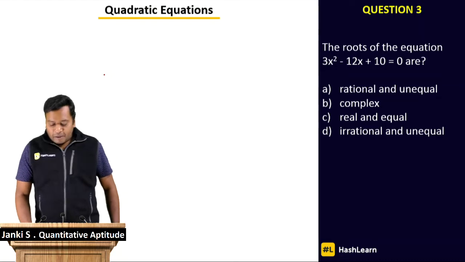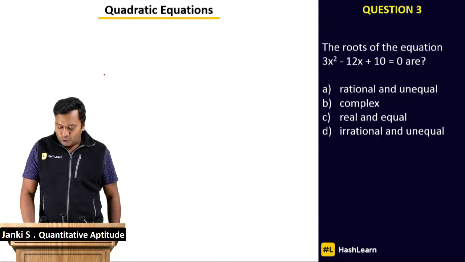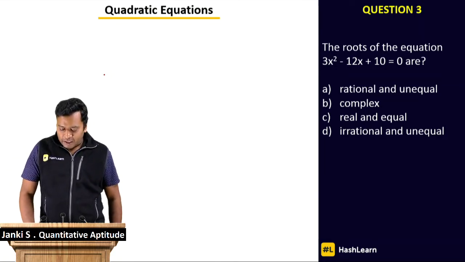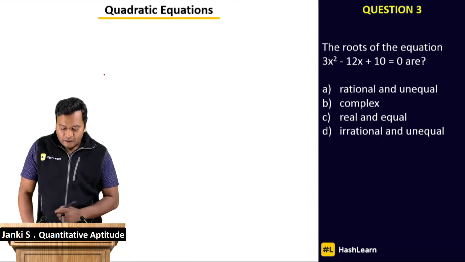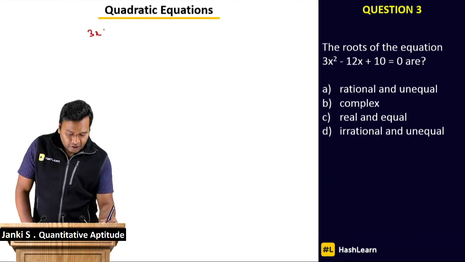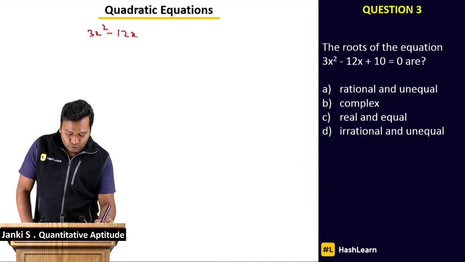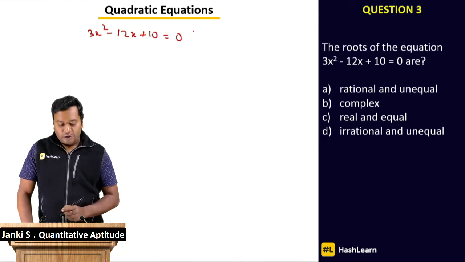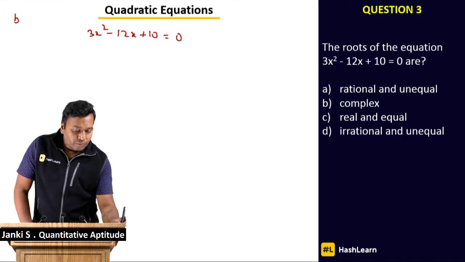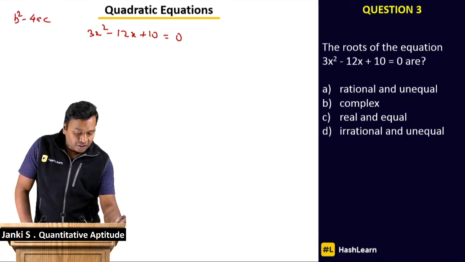Right? Let's talk about the property. The roots of the equation 3x square minus 12x plus 10 is equal to 0 are now. So 3x square minus 12x plus 10 is equal to 0. Now the nature of the root will always depend on the value b square minus 4ac.